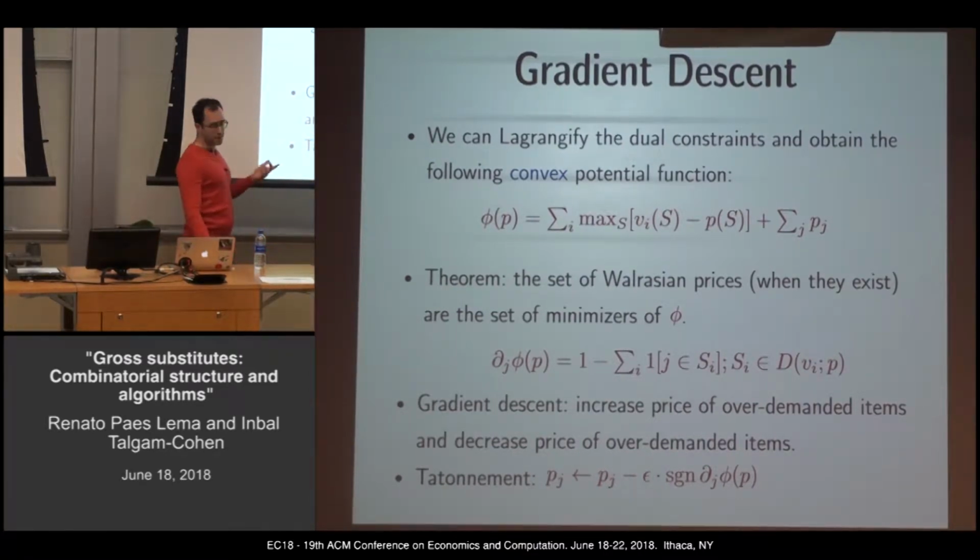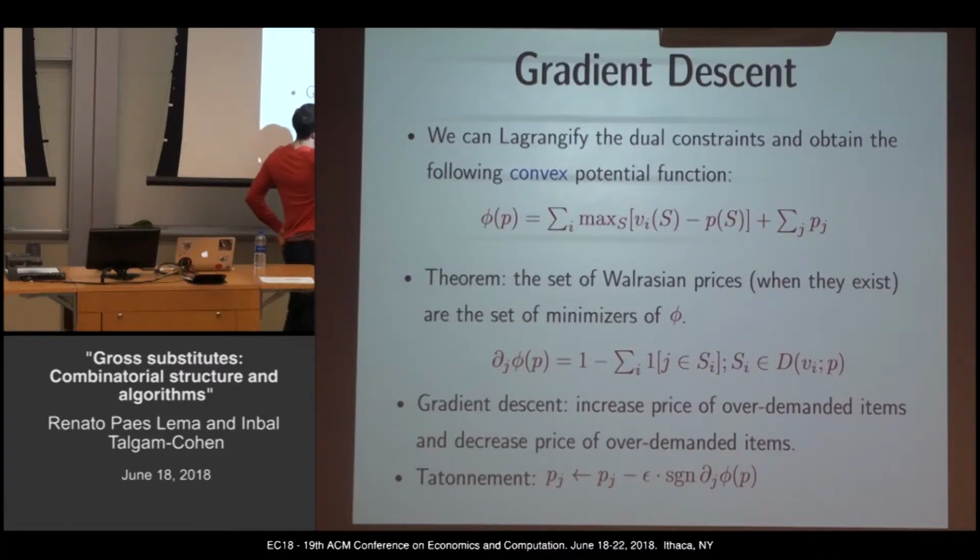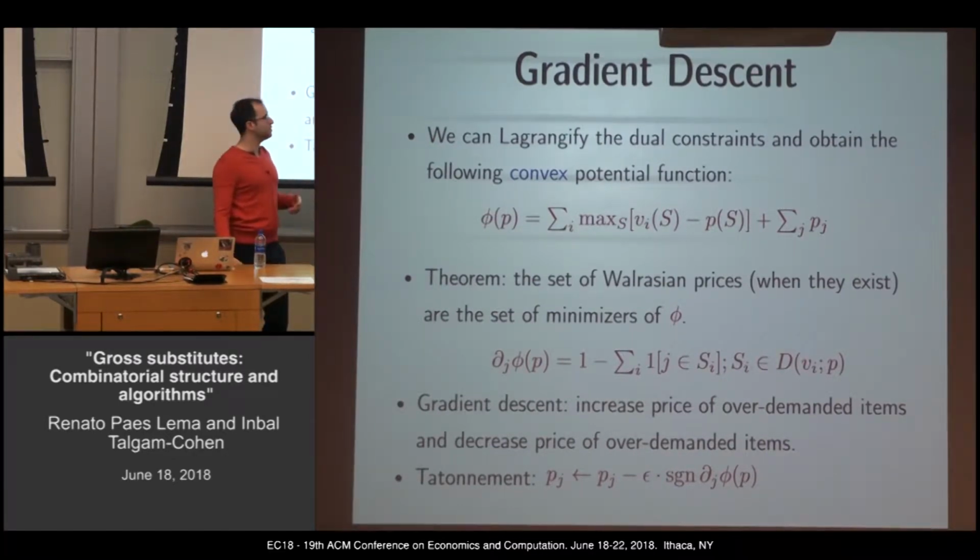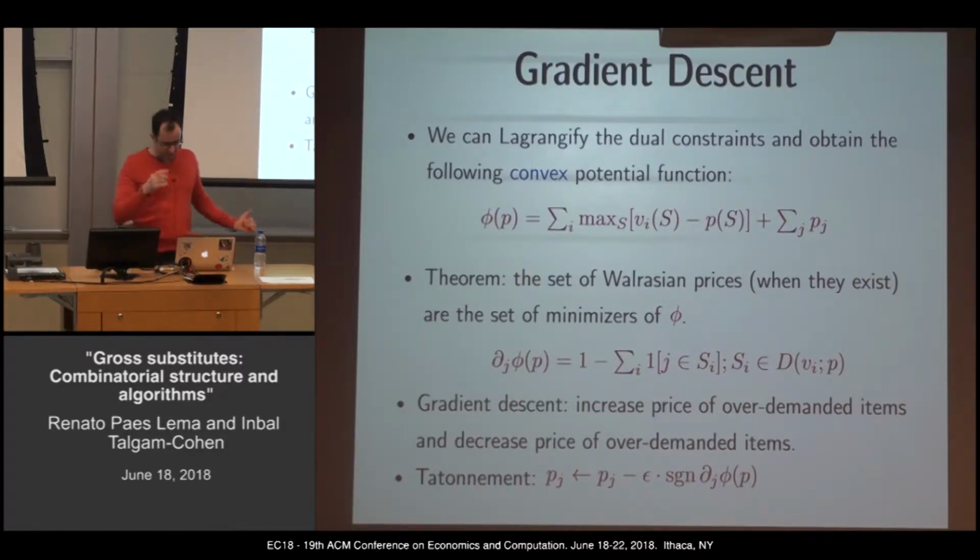You can describe this as the market potential. And this function will be convex. The last term is linear, just the sum of p_j, a linear function. And this is the sum of maximums of linear functions. Everything v_i(S) minus p(S) is a linear function. The maximum of linear functions is convex.